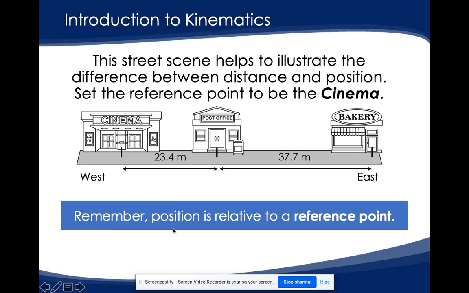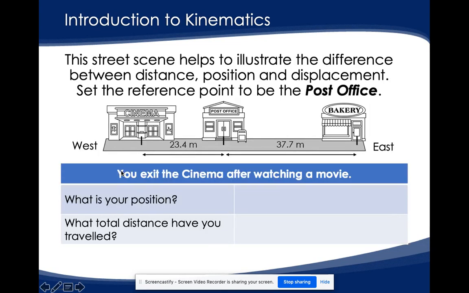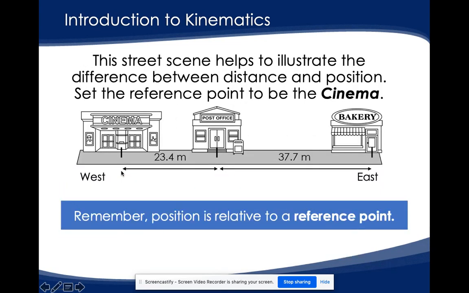Just remember that position is going to be relative to your reference point. In this case, our reference point was the movie theater. So anytime we were at the movie theater, our position was 0. And then your displacement has to do more with the distance that you've covered. So if you went out to the track and you decided you were going to run a mile, you're going around and around that track, and you obviously are covering distance.